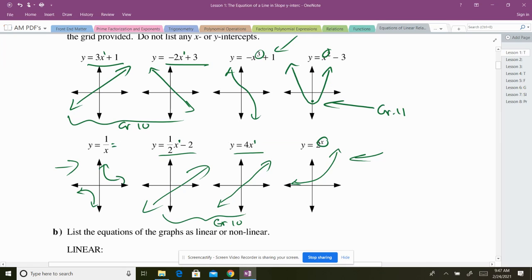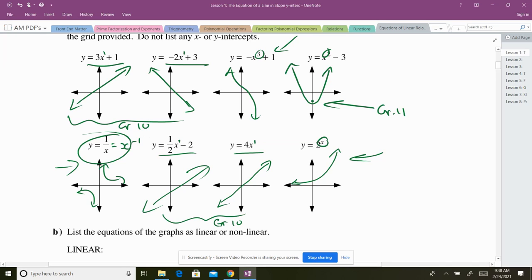Exponent is 1, exponent is 1. What's the exponent on this one? It's -1, because if you rewrite it, what does a negative exponent mean? You flip the fraction, right? Remember the very first unit that we did, exponents? It was only like 2.5 weeks ago, people.